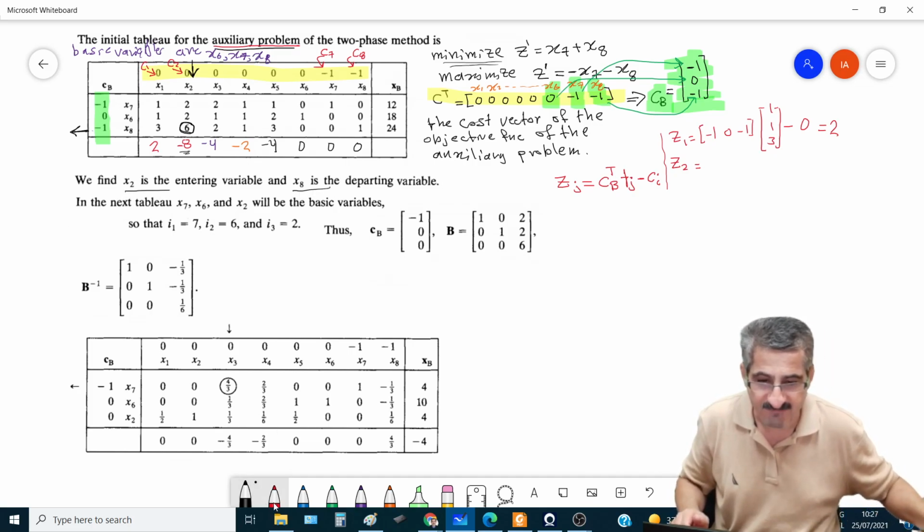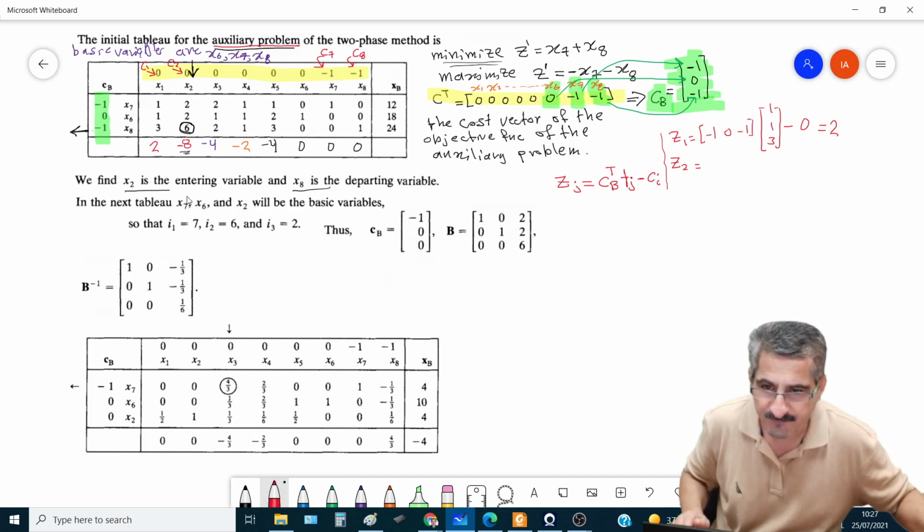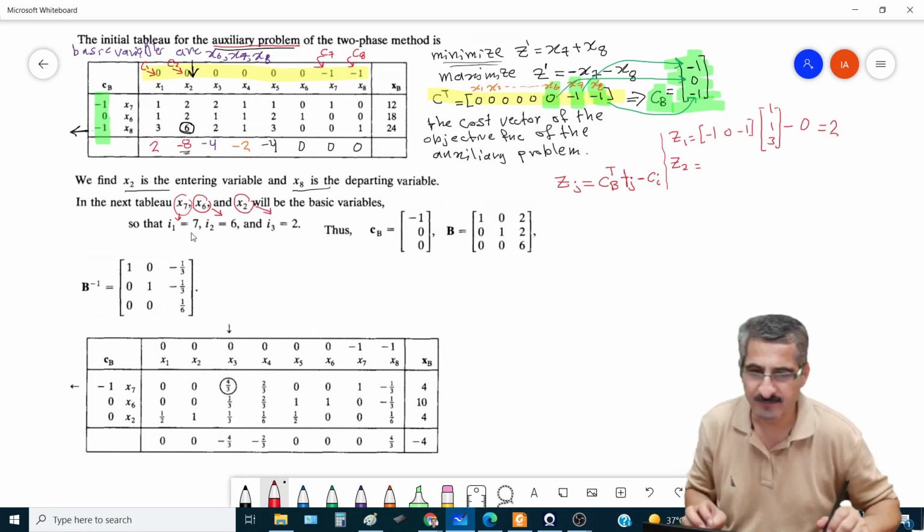And now we have this new basic variable. So I1 is 7, I2 is 6, now I3 is 2. Okay?